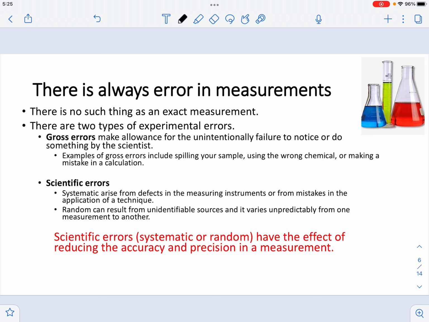That is a random error because that just came from the environment and it could vary from day to day. Understand that scientific errors, it doesn't matter if they're systematic or random, have the effect of reducing not only the accuracy but the precision in a measurement.